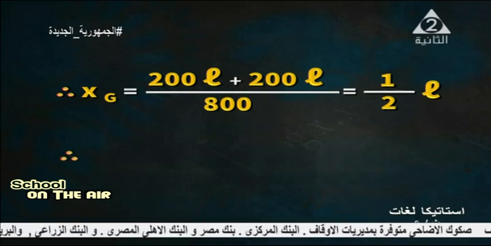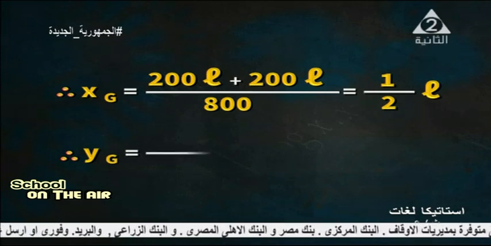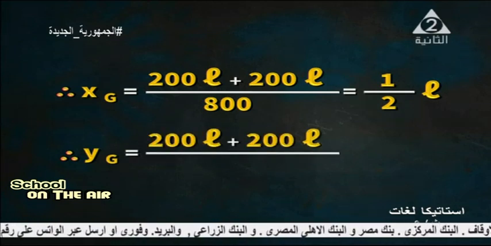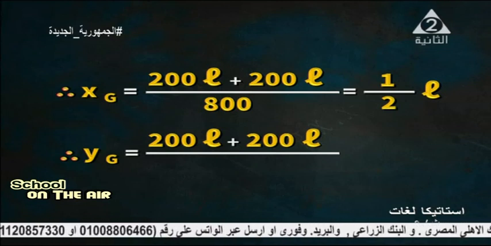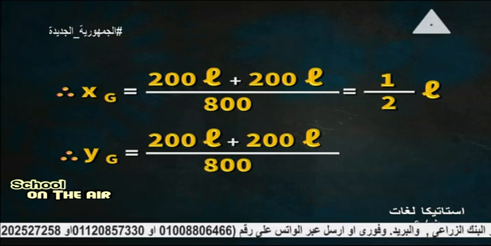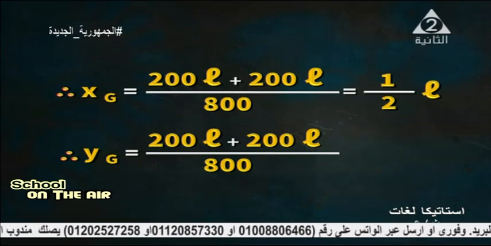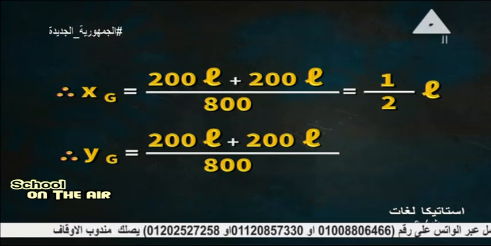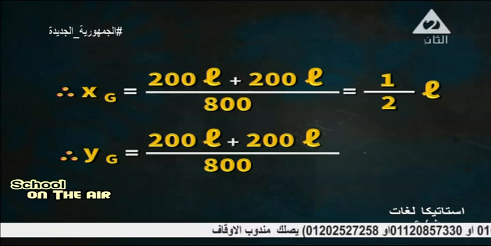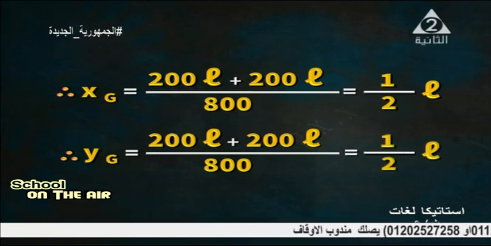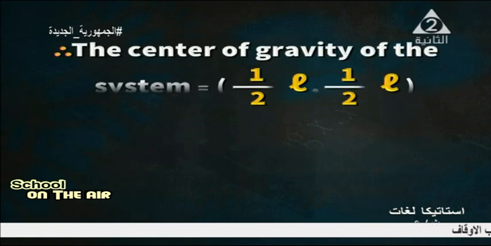By using the same method, yg equals M1 y1 plus M2 y2 plus M3 y3 plus M4 y4 over the summation of all masses M1, M2, M3, M4. Therefore, it equals 1 over 2 L. Then the center of gravity is half L and half L.